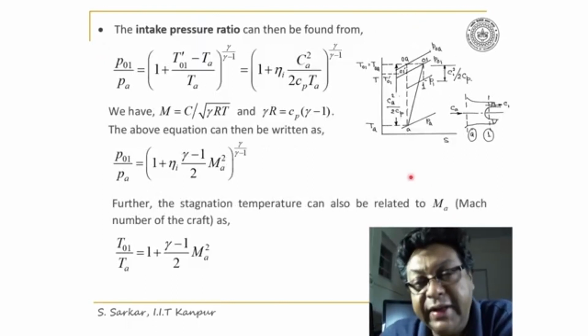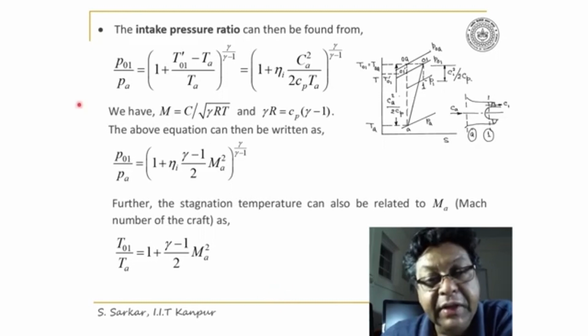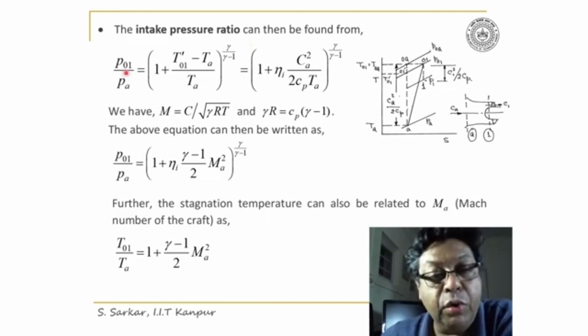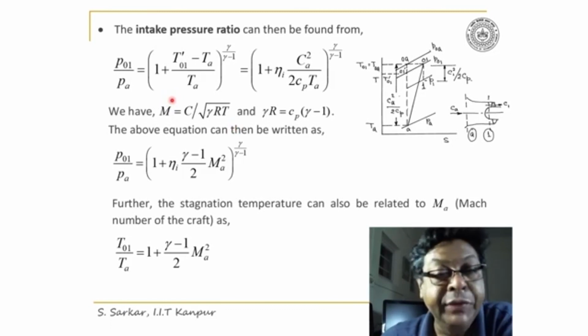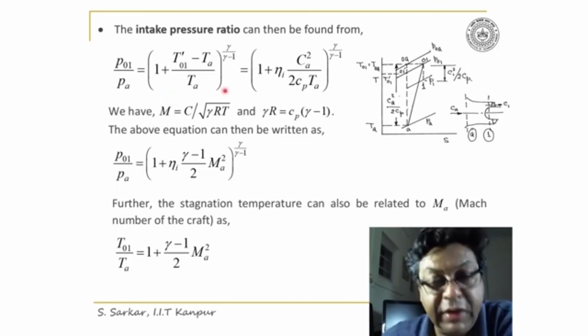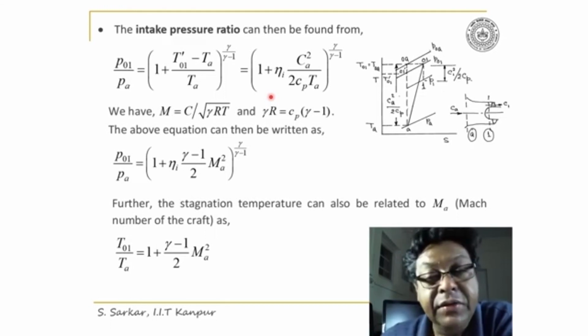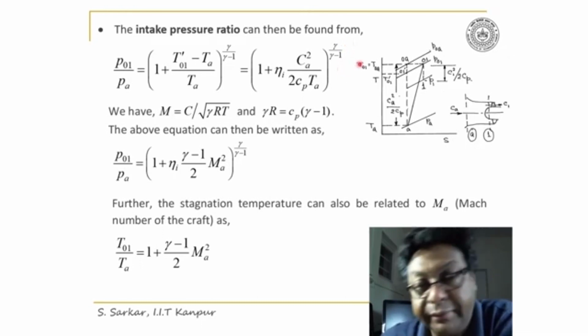Now, we can relate between P01 and PA, which defines the ram pressure. Thus, the intake pressure ratio can be found out as P01 divided by PA is equal to, within bracket, 1 plus T01 dash minus TA divided by TA, to the power gamma by gamma minus 1, which is equal to 1 plus eta I into Ca squared divided by twice Cp into Ta, to the power gamma by gamma minus 1.